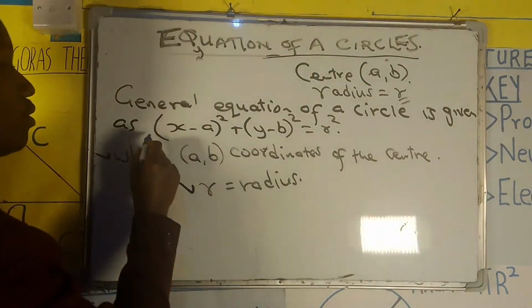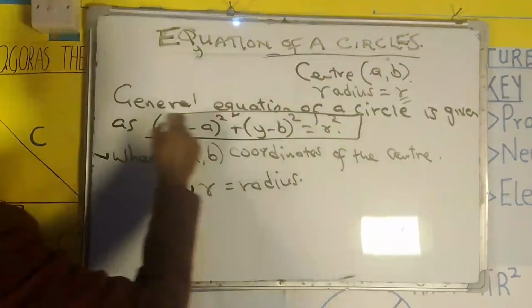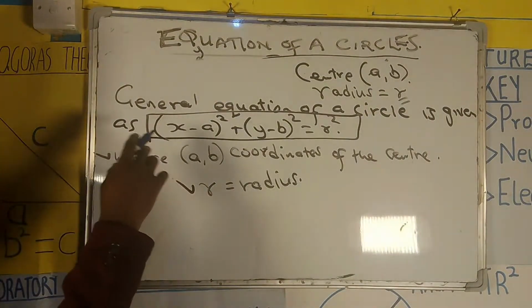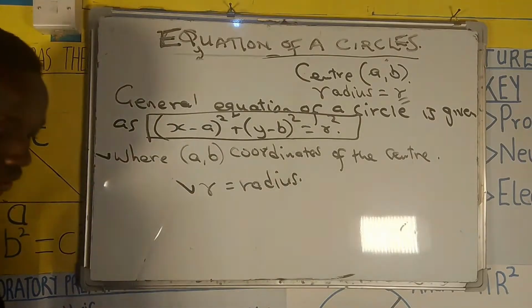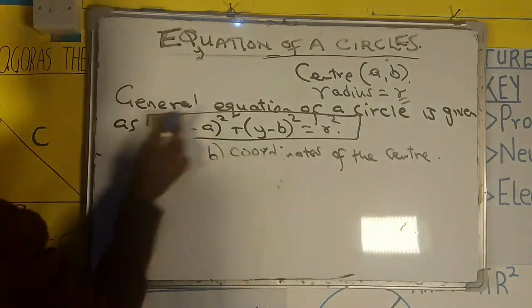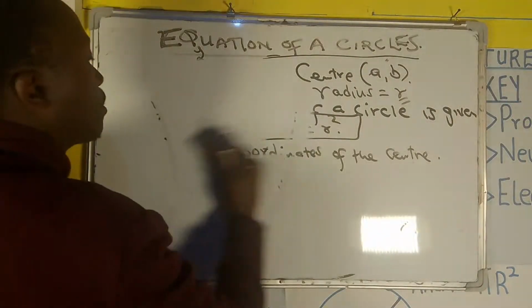So this is the general equation of a circle: x minus a squared plus y minus b squared is equivalent to r squared.